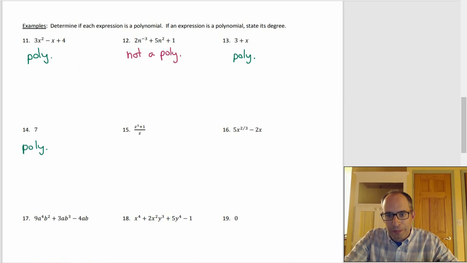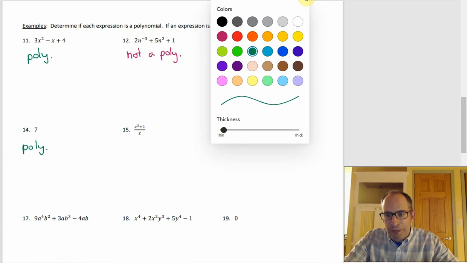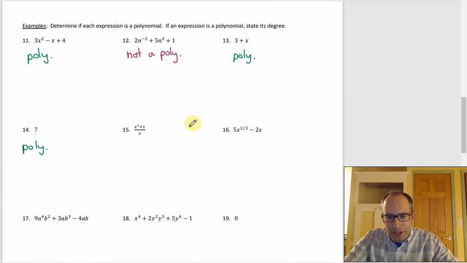These are trouble. So 15 over z, because you can't reduce that to something that's a polynomial. You could do the division, but you're going to get z squared plus 1 over z.